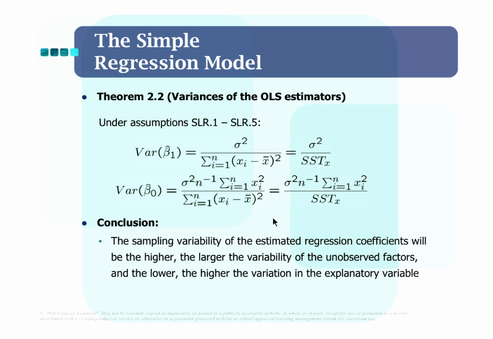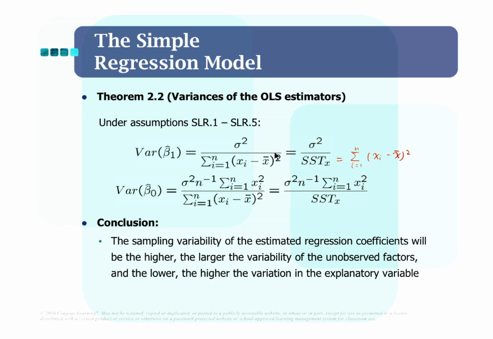So given SLR1 to SLR5, we will have the following results. First of all, the variance of beta 1 hat equals sigma squared divided by SSTX. I have said that this equals the sum of xi minus x bar squared.